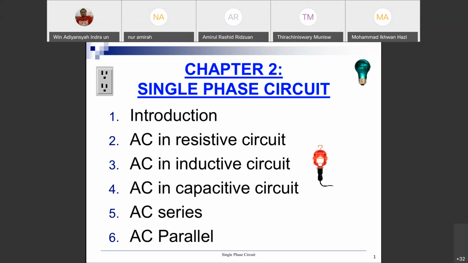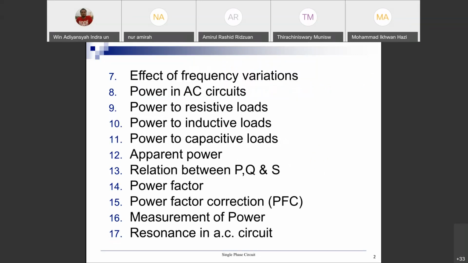Then AC in an inductive circuit: if you combine resistor and inductor, we call it an inductive circuit. Then capacitive: when you add a capacitor, we call it a capacitive circuit. The connection could be series or parallel.